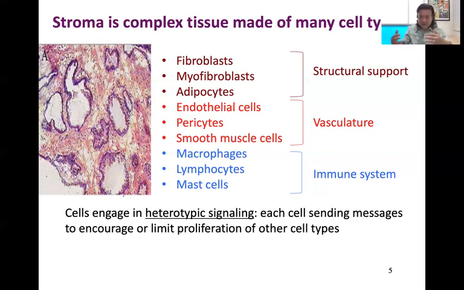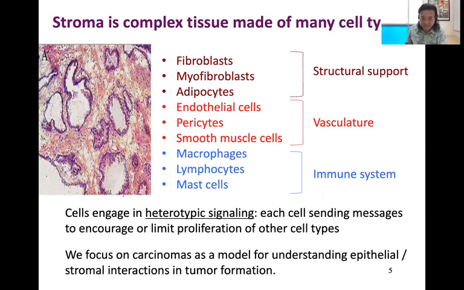Each one of these cell types is sending messages to either encourage or limit the proliferation of other cell types around it. Right? And it's that careful, fine-tuned balance of these heterotypic signals that keeps the stroma healthy and happy so that it can support the epithelium above it.